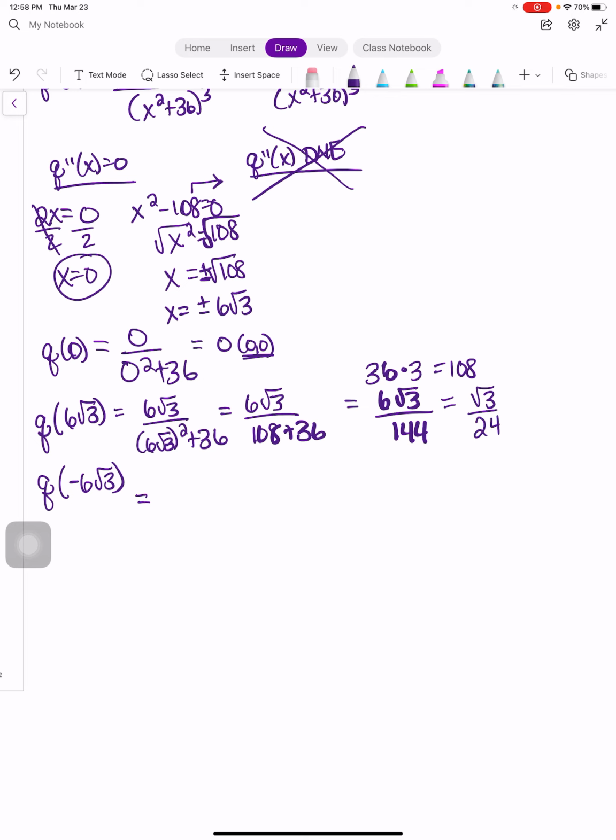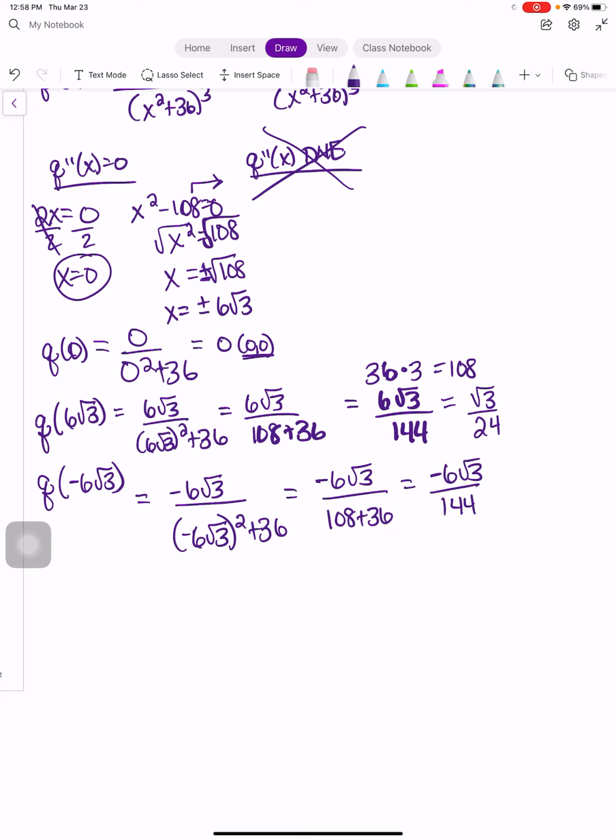And I'm pretty sure that my second point down here will work very similarly. We're going to get a very similar outcome there, but we will work it out just to show you guys the steps. So that will leave me with a negative 6 square roots of 3 in my numerator. And in the denominator, of course, we're going to have the same thing. And so that gives me a negative 6 square roots of 3 over 144, which gives me a negative square root of 3 over 24.